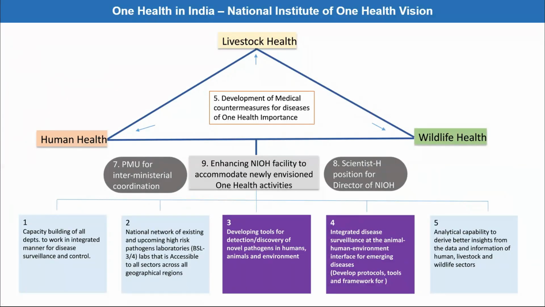This is a pictorial presentation which describes how livestock health, human health, and wildlife health can work together by bridging different sectors to enhance capacity building, making networks, and, moreover, how we can improve surveillance to detect any unknown pathogens which can lead to outbreaks and pandemics.